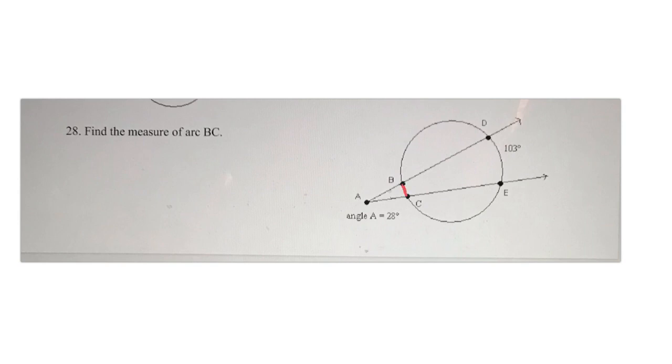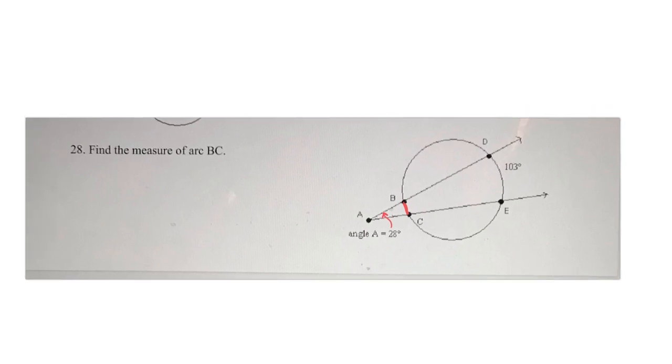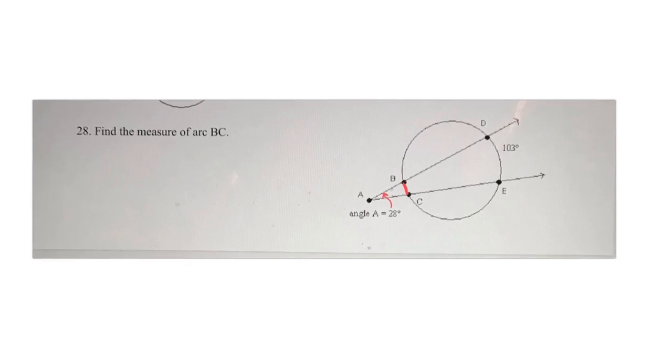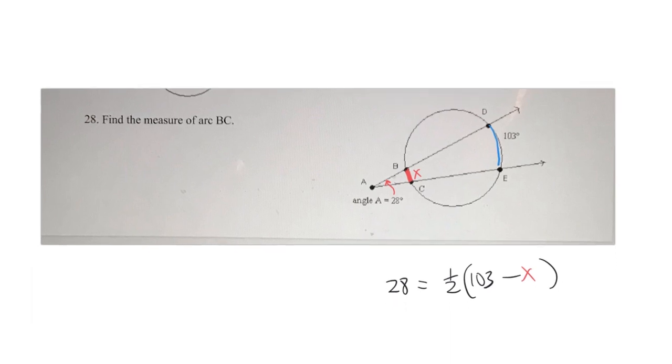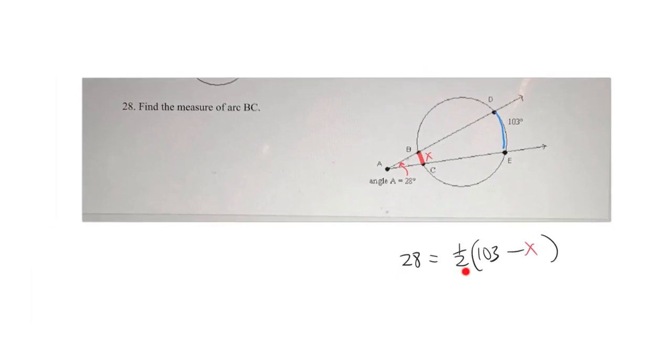So this angle is 28 right there. The theory that you need to understand is that this angle 28 is always going to be 1/2 times the larger arc minus the smaller arc here. So it's going to be 1/2 times (103 minus x), where we'll call the smaller arc x. We need to figure out what that is, right? What I like to do with these is get rid of the 1/2.